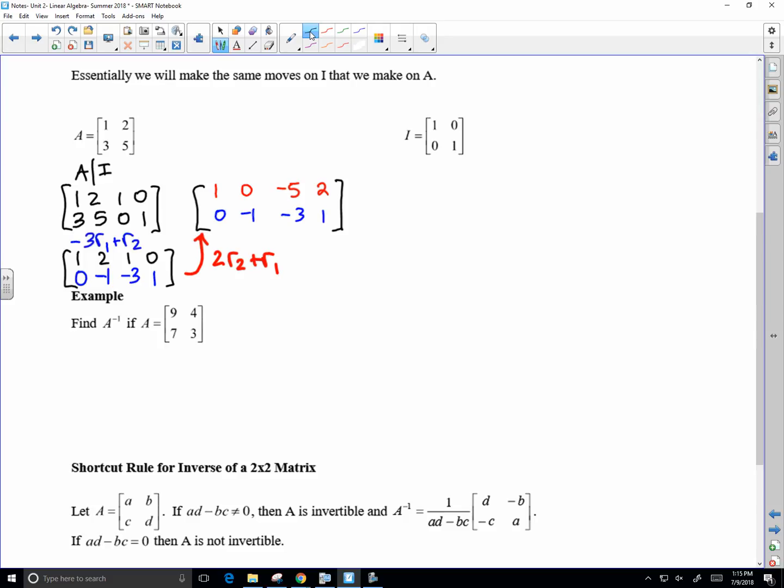Again, our goal is to get the matrix A down to reduced row echelon form or to the identity matrix. So it looks like all I have to do to get there would be to take row 2 and negate it.